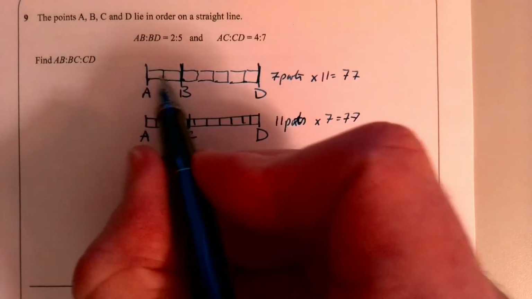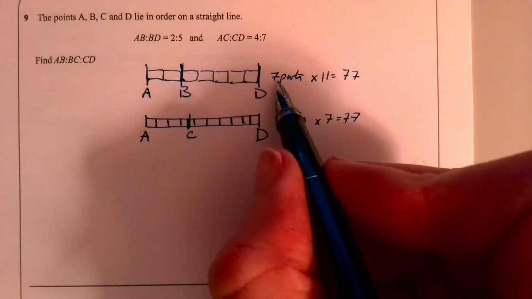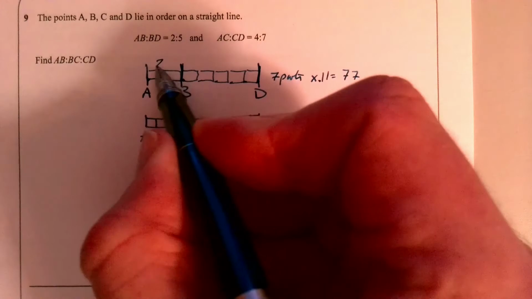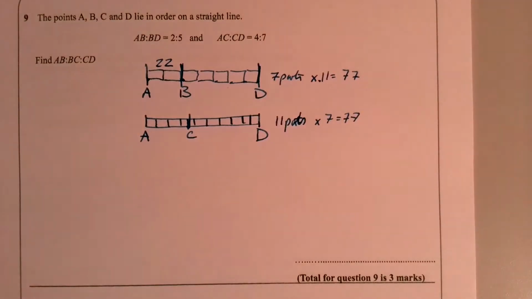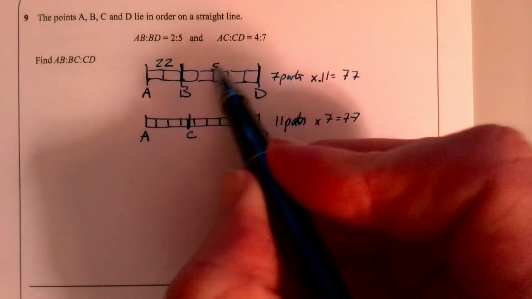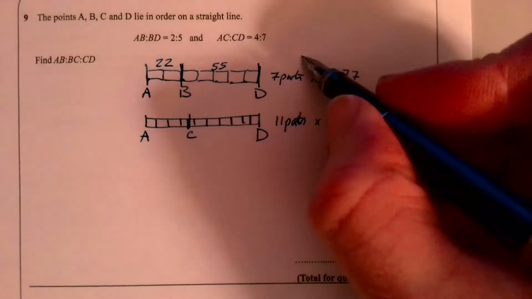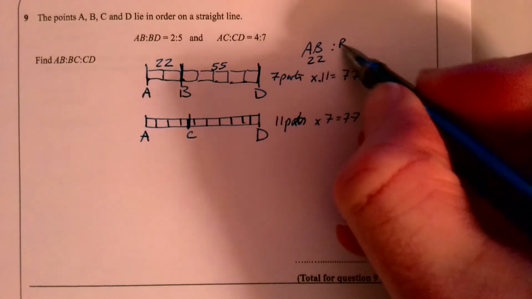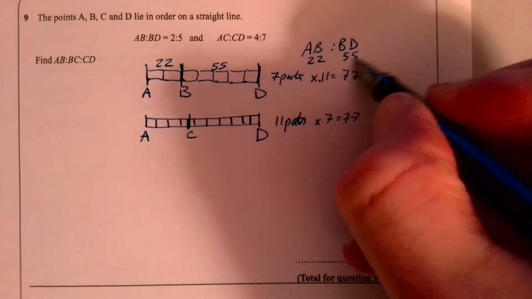So as it's 2 sevenths along here, if we times by 11, we get 22 there. And if we times 5 by 11, we get 55 there. So we can say AB is 22 to BD being 55.